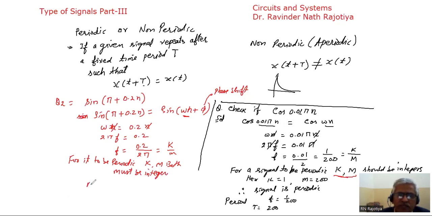Since m is equal to 2 pi, it is not an integer. Therefore you conclude that sine of pi plus 0.2 n is not a periodic signal.